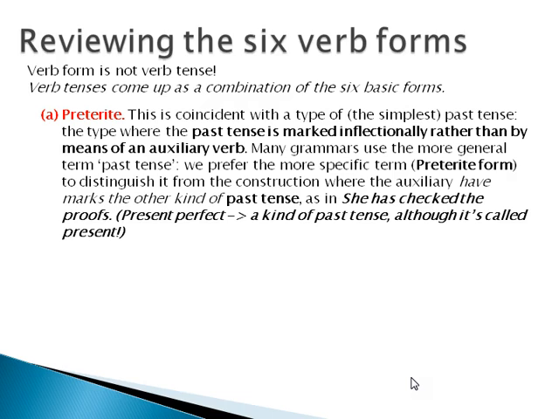Okay, not talking about interrogatives and negatives. Many grammars use the more general term past tense, but we prefer to use preterite form to distinguish from the construction in which we have, for example, auxiliaries like have, checked, okay, because it's also called present perfect. So let's do this to avoid confusion.